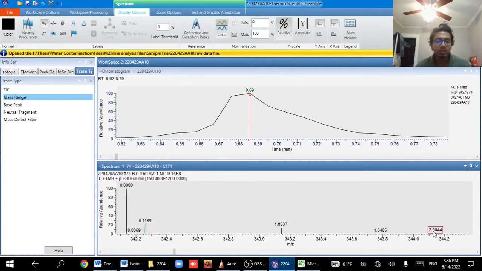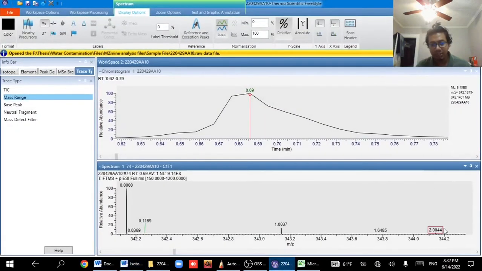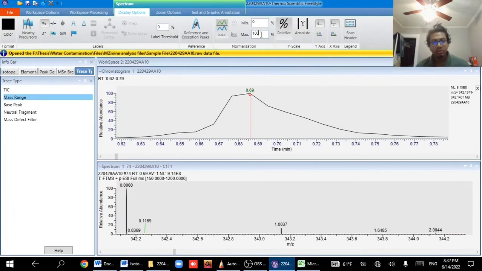So this peak is the oxygen 18 peak, and again I need to find the height of that peak. To do that, I need to reduce the maximum, like from 100 to 10, or, okay, more, I will make it 5 or 3. Then you can see the height of that peak is more visible now, right?